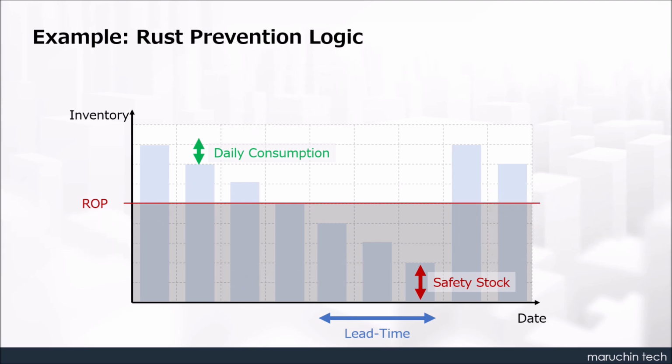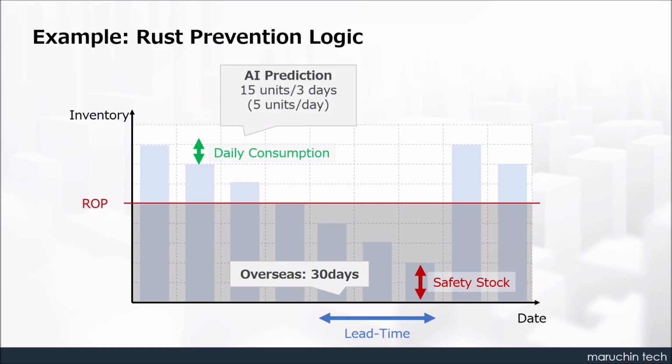Finally, let's look at the brake example during seasons that require rust prevention. Since brake pads contain iron, they are vulnerable to rust. We will add logic to reduce safety stock to 7 days during the rainy season when humidity exceeds 70%. As before, since they are overseas sourced, lead time is 30 days.